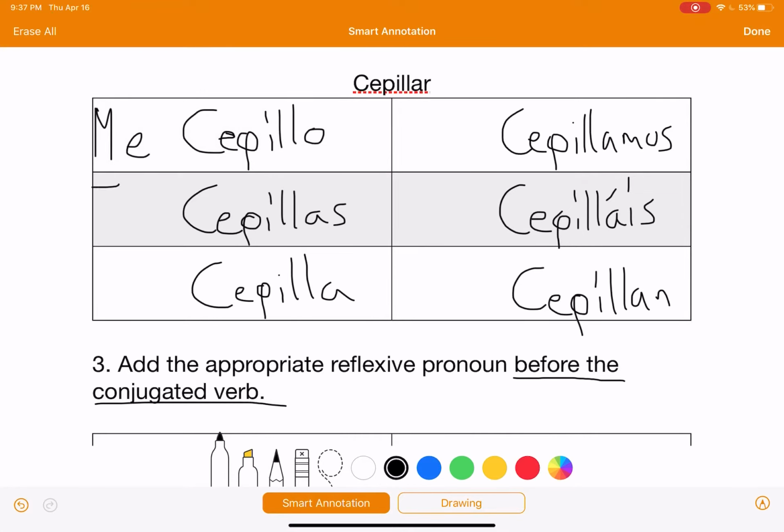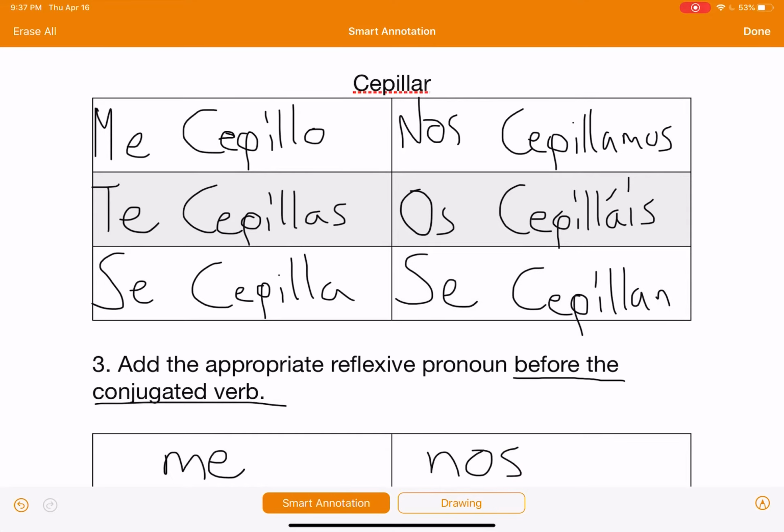For tú, te cepillas. For él, ella, and usted, se cepilla. For nosotros, nos cepillamos. For vosotros, os cepilláis. And for ellos, ellas, and ustedes, se cepillan. This is how you conjugate a reflexive verb.